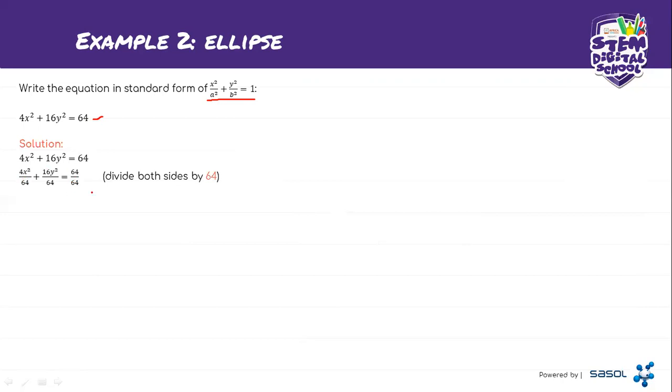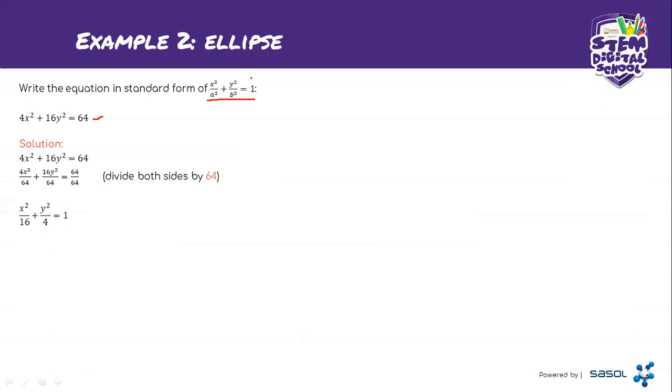So after doing this and simplifying, this is what we want to have. Because if we say 4 divided by 64, it's going to give us 1 over 16. And then 16 over 64 gives us 1 over 4. You can see this equals 1.